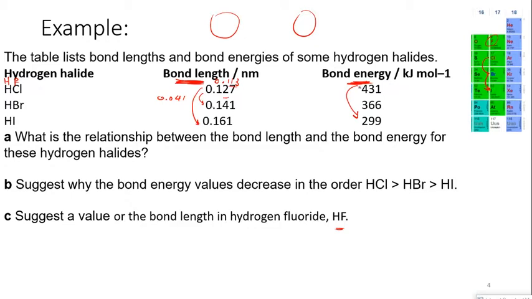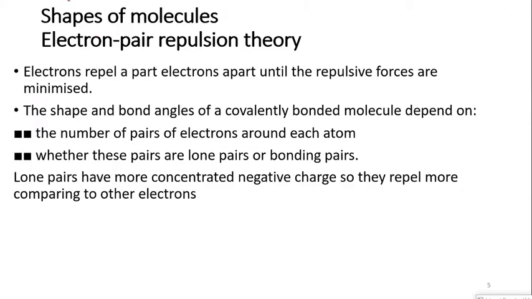As for the bond energy, I could see I'm decreasing each time I'm moving down by around 65 kilojoule per mole. This means the hydrogen fluoride would be around 496 kilojoule per mole.